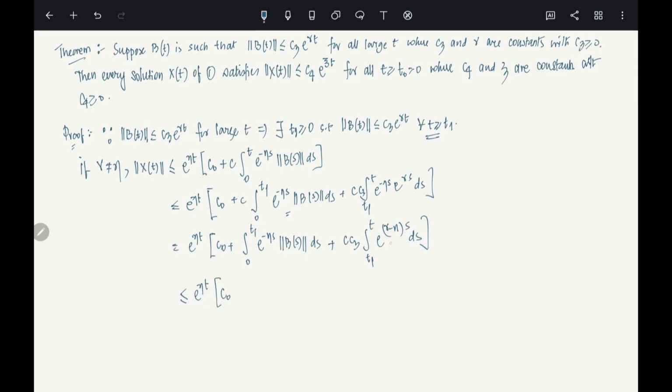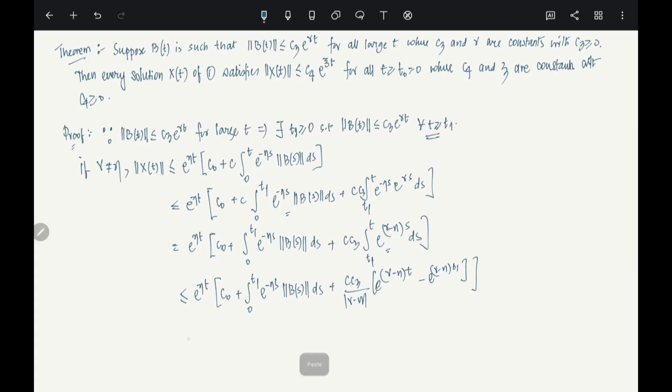This integral we can break up, and I will use the modulus, so c3 divided by the modulus of gamma minus eta times e to the power gamma minus eta t minus e to the power gamma minus eta t1. Clear? This is what I am going to get.